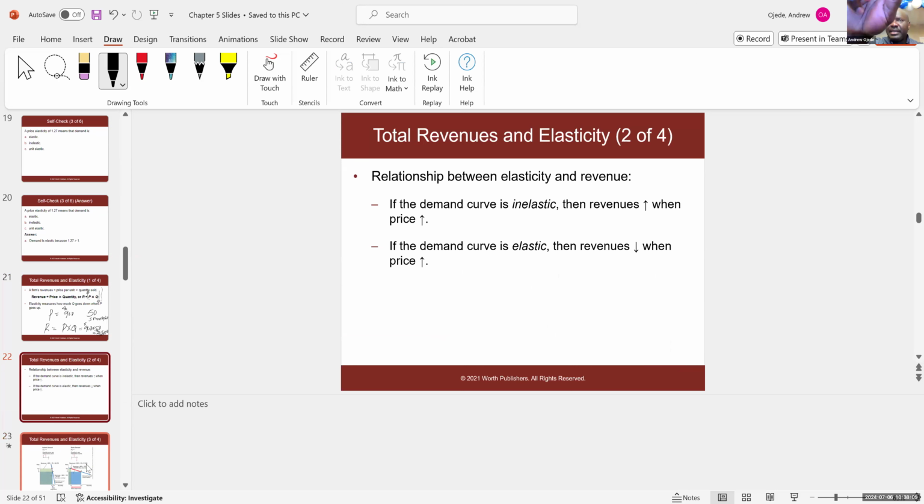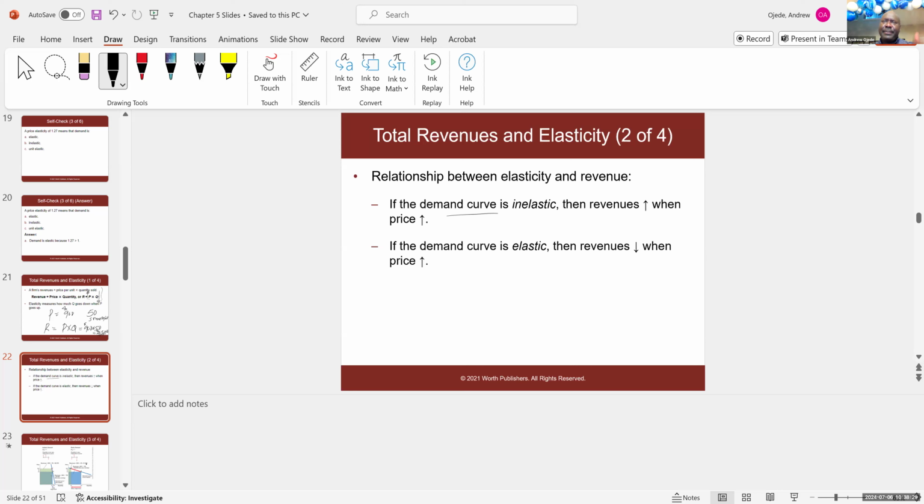So I summarize it here. If the demand curve is inelastic, then revenue is going to increase when you increase the price. That means revenue will decrease if you decrease the price. So there's a positive correlation between total revenue and the price you set for your good, if your good has got inelastic demand.